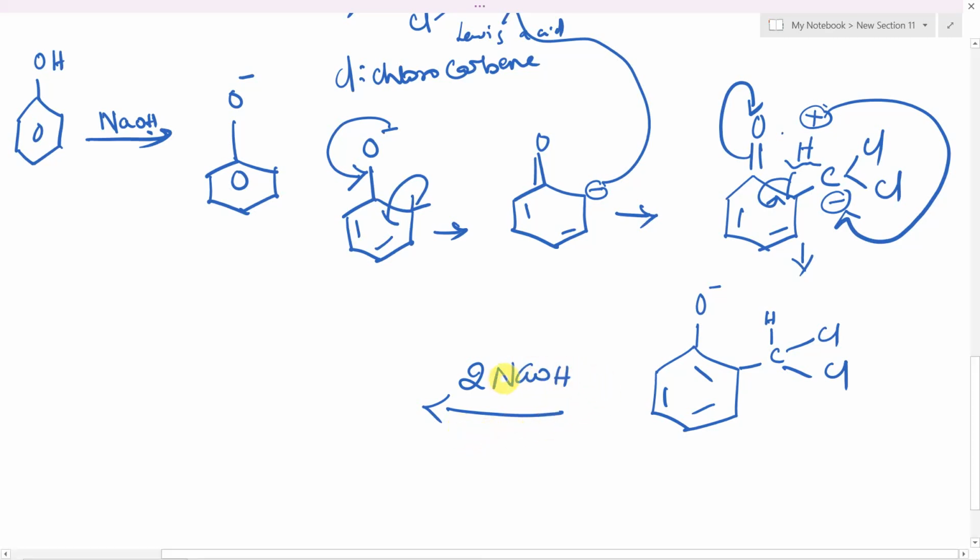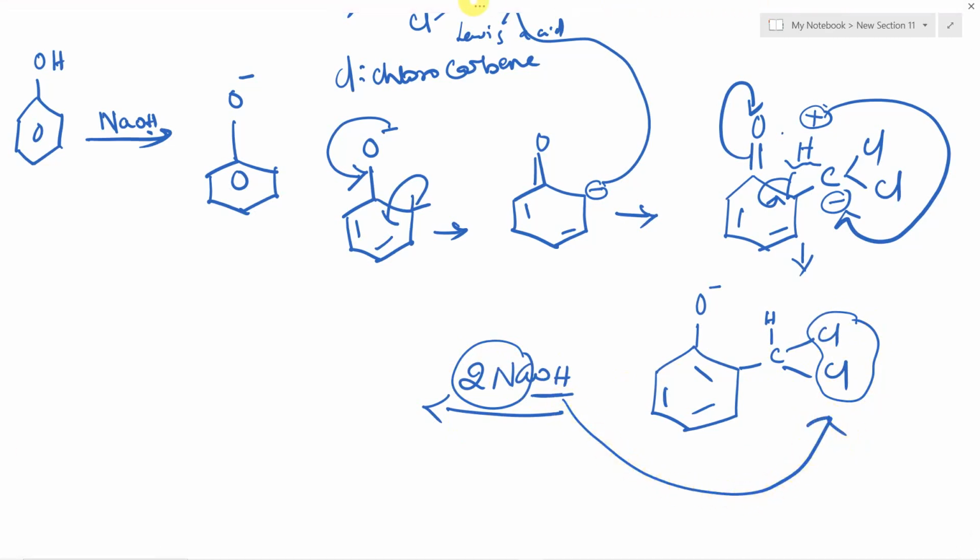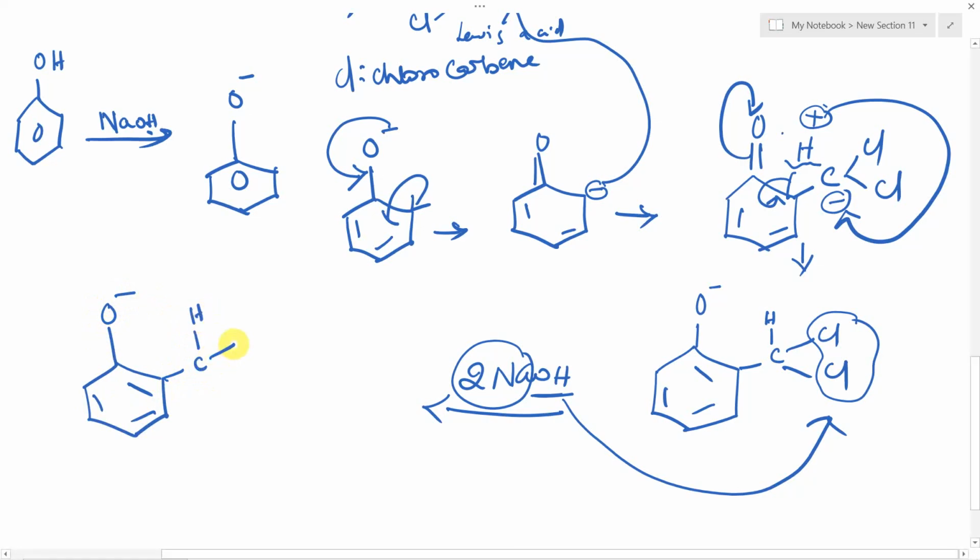What happens is that the 2 Na and these 2 Cl leave away, and nucleophilic substitution takes place, and these 2 OH minus ions will substitute these chlorine ions. So we can get a compound like this, O minus, and here carbon, hydrogen is here, and here instead of these 2 chlorines, 2 OH minus ions get substituted.